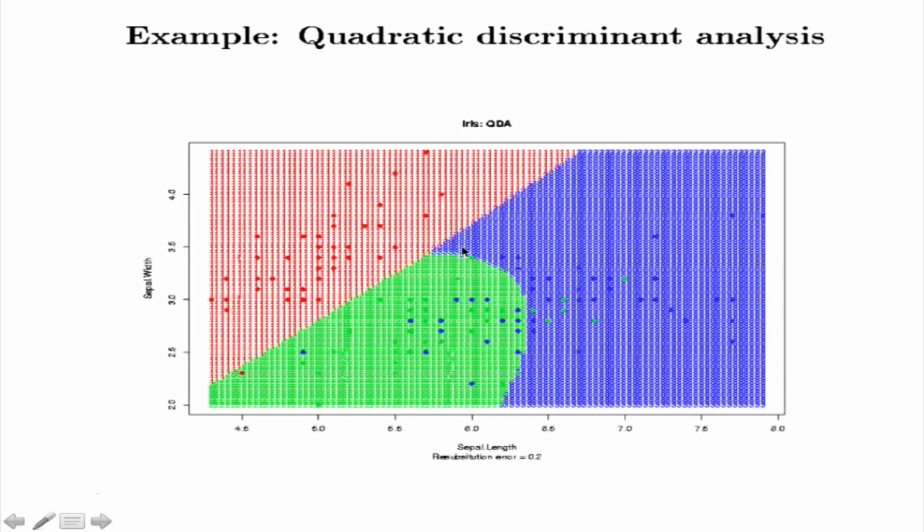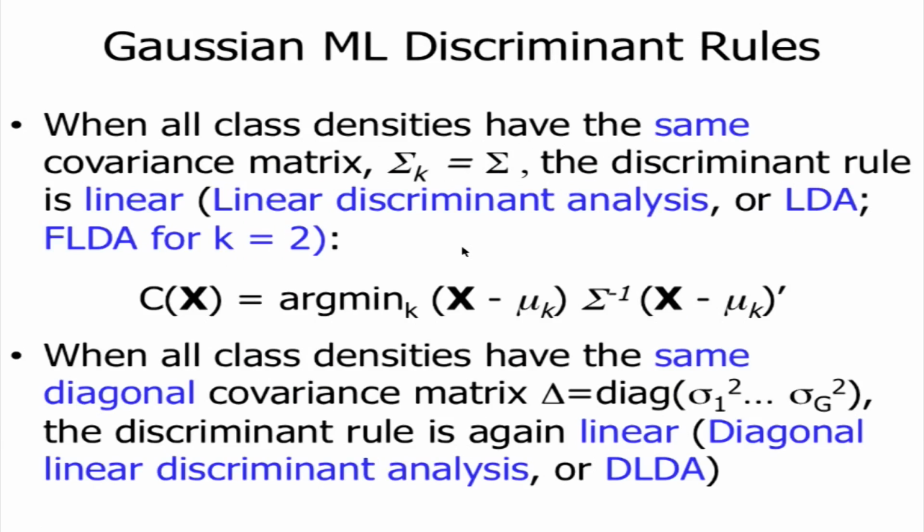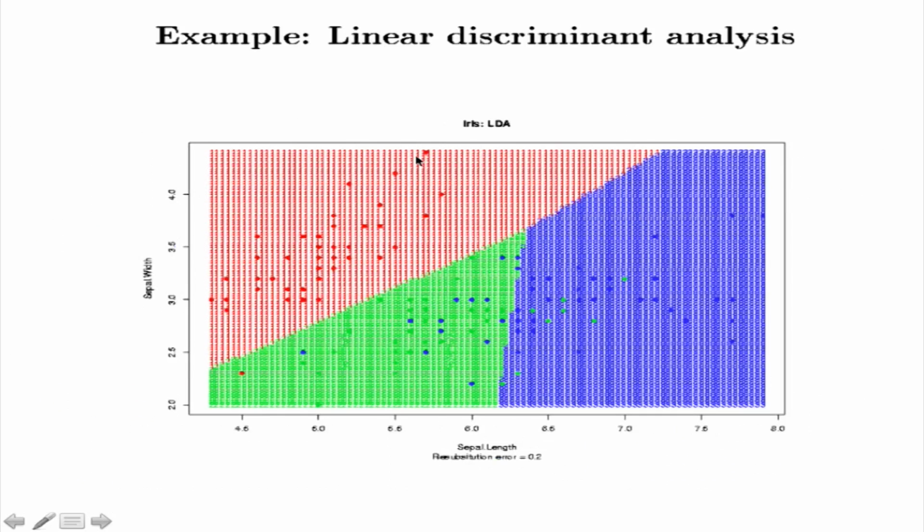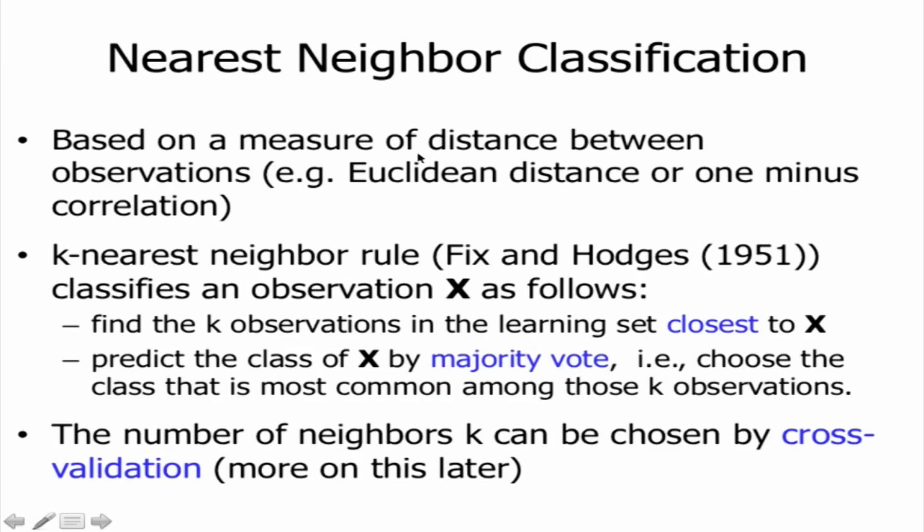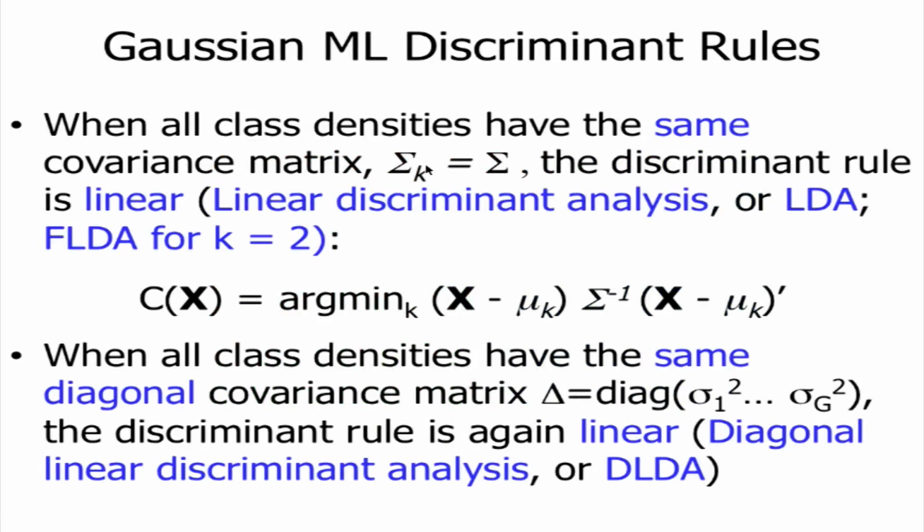Now, one problem is that often we don't have enough observations to estimate this variance-covariance matrix for each class separately. And therefore, people often make the assumption that the variance-covariance matrices for each class are the same, right? Sigma k doesn't really depend on k. And if you assume that, then you come to the situation of linear discriminant analysis.